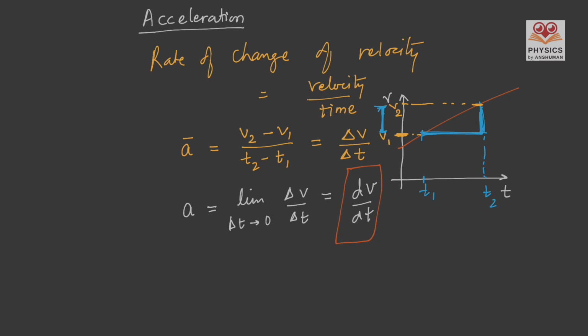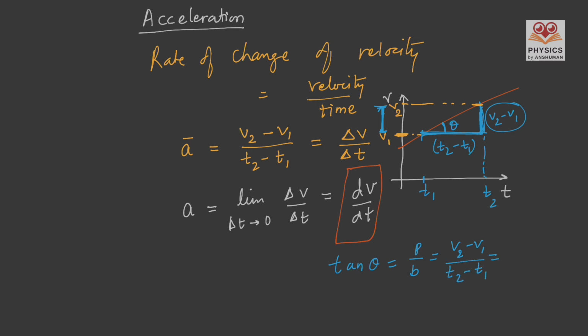In this triangle, if we say that we have a theta, then the perpendicular is v2 minus v1 on your velocity axis, or the y-axis, and t2 minus t1 is the base of this triangle. From trigonometry, you know tan theta is equal to perpendicular by base, and that is v2 minus v1 divided by t2 minus t1.